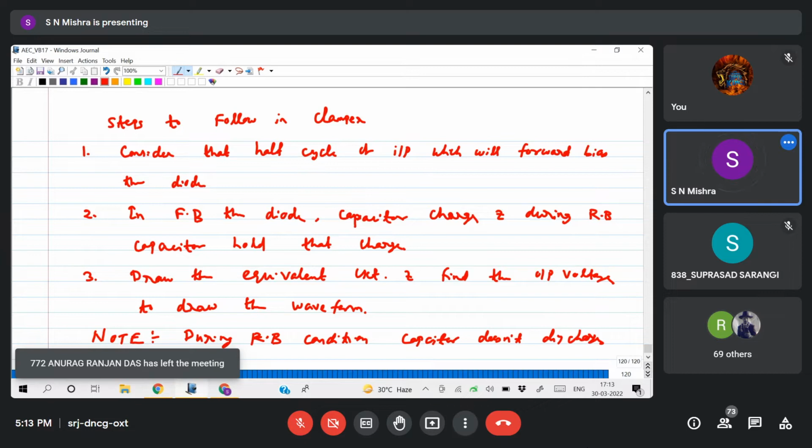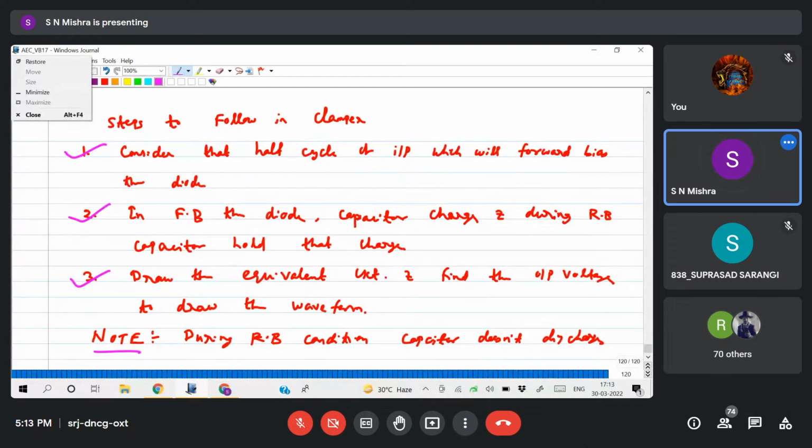So these three steps you have to follow, and you have to assume that during the reverse bias condition the capacitor does not discharge.